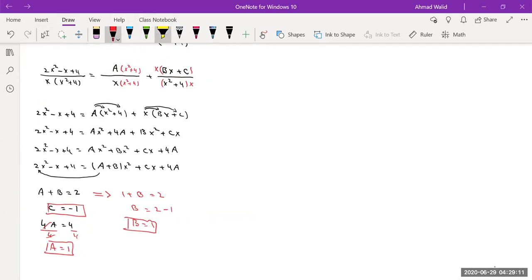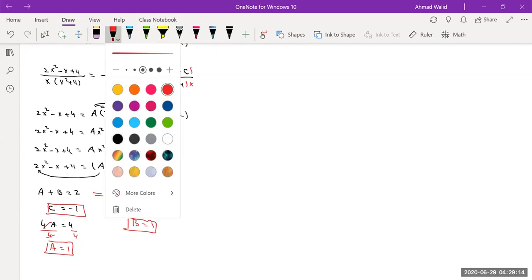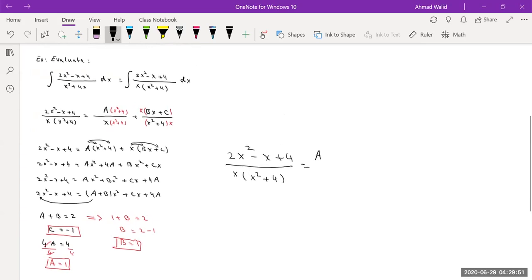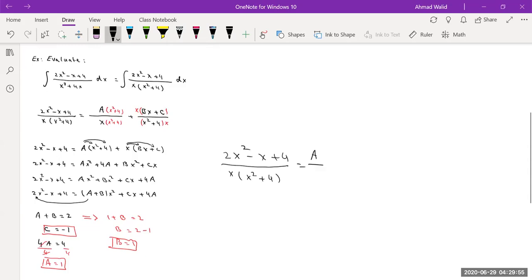Your first equation here, when you make this equation, you have (2x squared minus x plus 4) over x times (x squared plus 4) equals a over x plus (bx plus c) over (x squared plus 4).